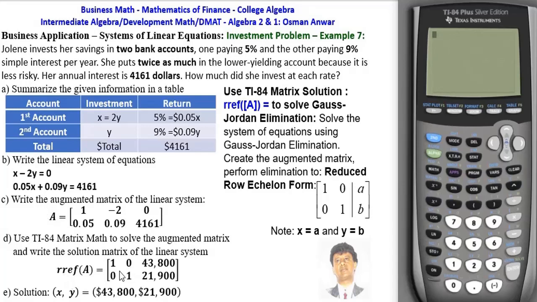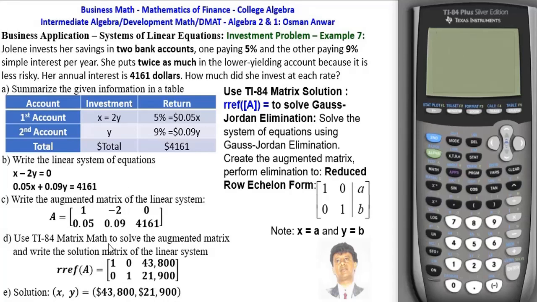We end up with this reduced row echelon form, where x is equal to 43,800 and y is 21,900. Okay, that means in the first account x was invested, which is 43,800. Into the second account y was invested, which is 21,900.